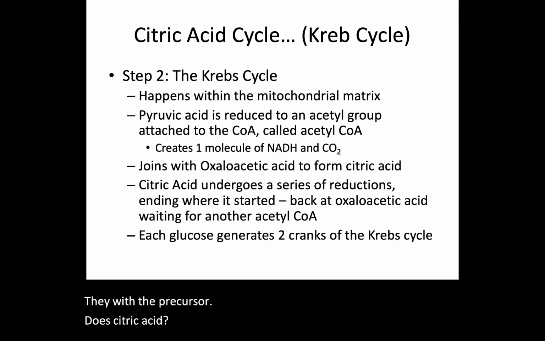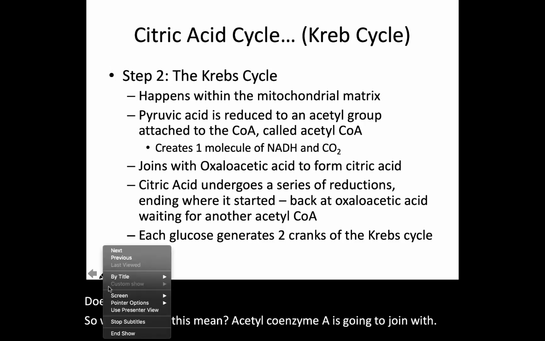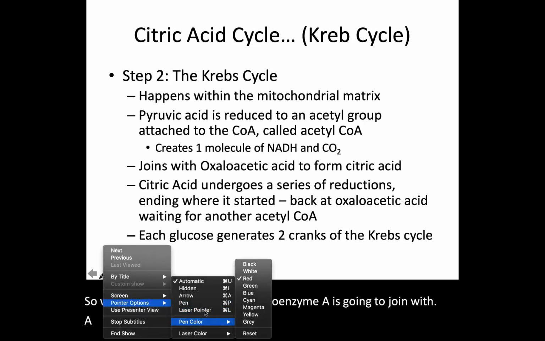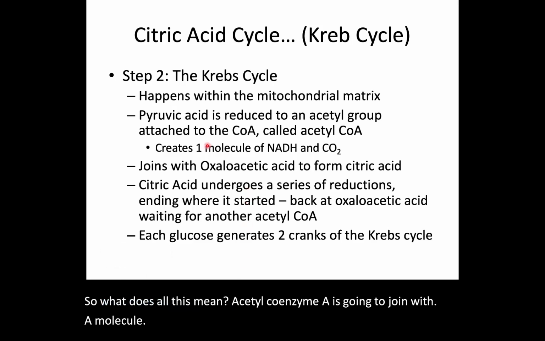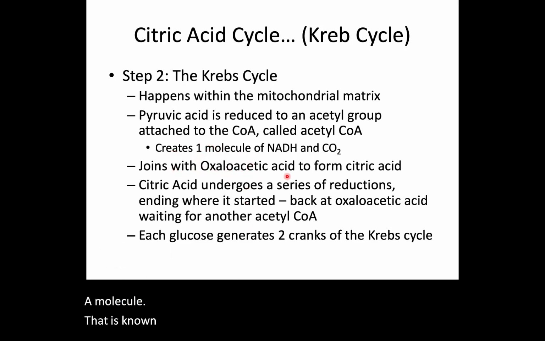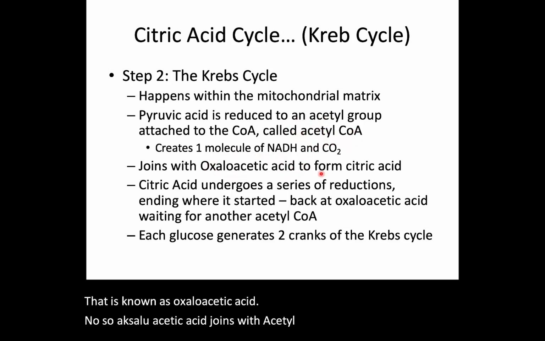What does all this mean? Acetyl coenzyme A is going to join with a molecule known as oxaloacetic acid. Oxaloacetic acid joins with acetyl coenzyme A to form citric acid.